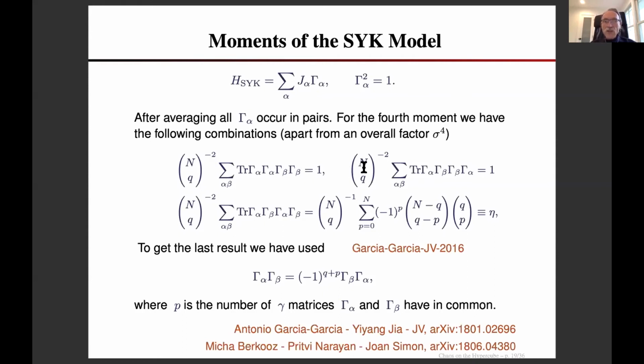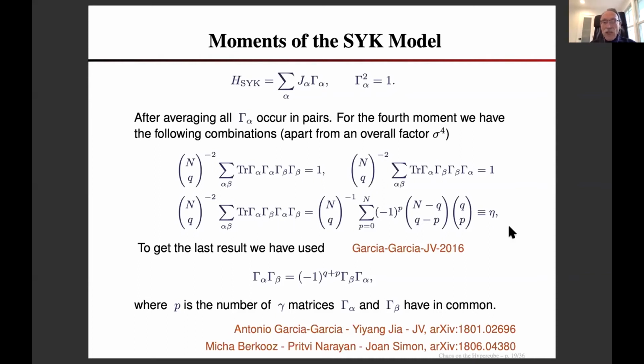I included this normalization factor. Also, this combination is equal to 1. Then the combination corresponding to the Wilson loop, when you have gamma alpha, gamma beta, gamma alpha, gamma beta. In this case, you have to commute beta with alpha, and it commutes or anti-commutes depending on the number of indices alpha and beta have in common.